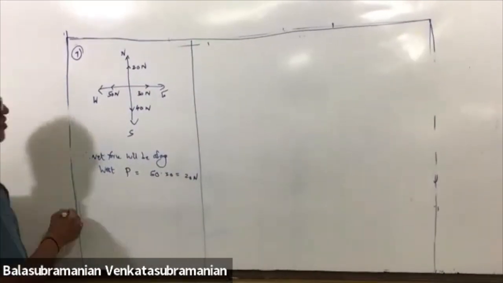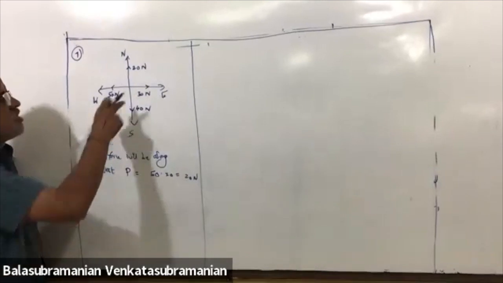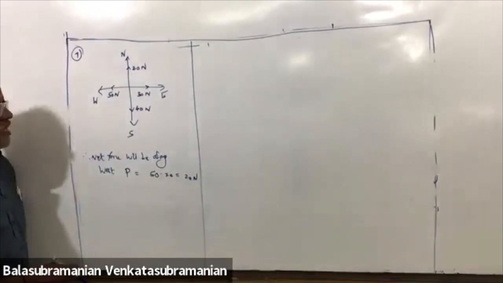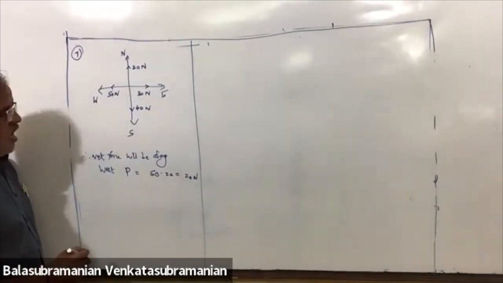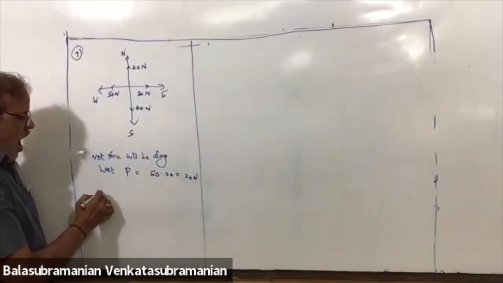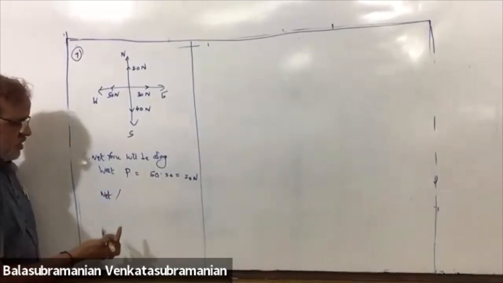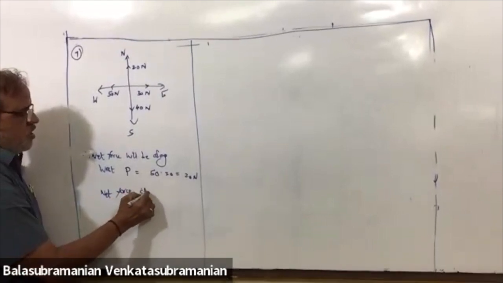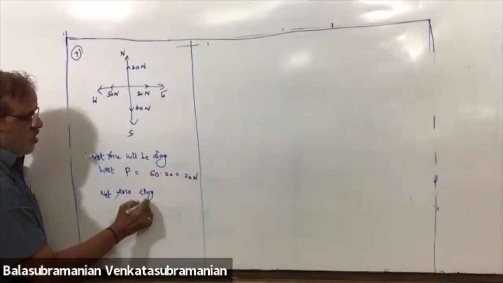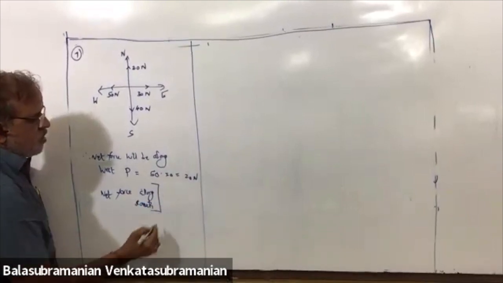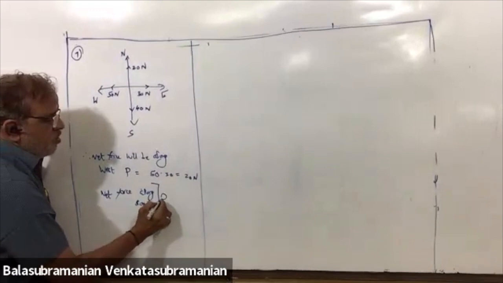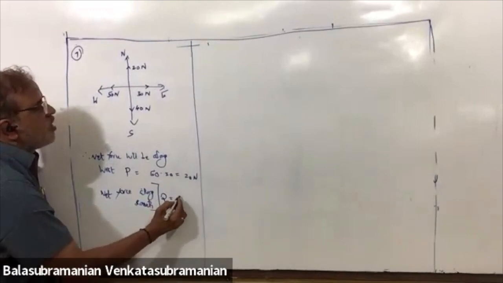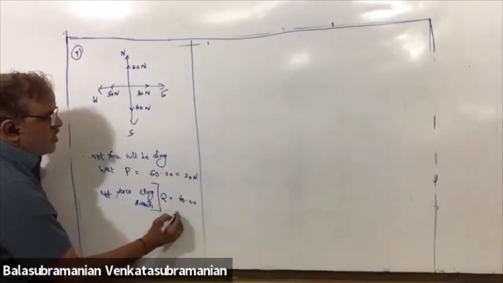Similarly, this is 40, this is 20. Net force along south. Q is equal to 40 minus 20.